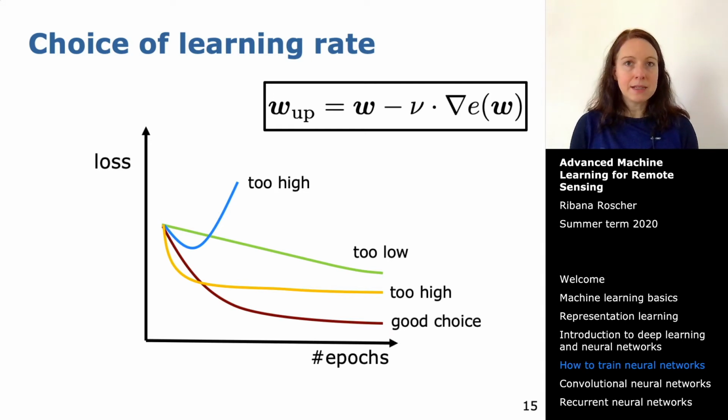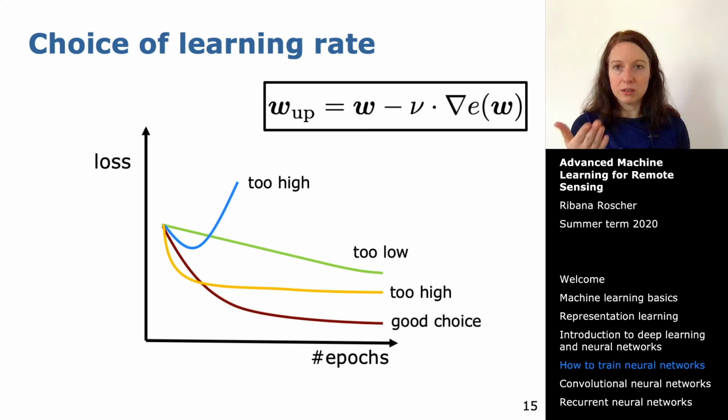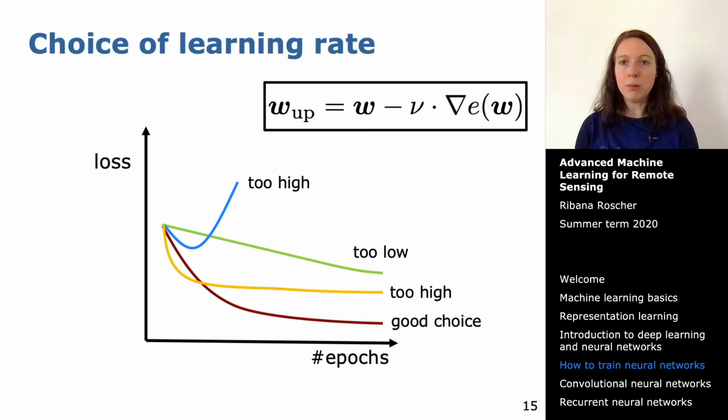What can happen is that you choose the learning rate too high or too low. If you choose it too high, you can see a behavior in the loss curve like the blue curve. Here you can see the number of epochs and how the loss function value develops over time for the training data.